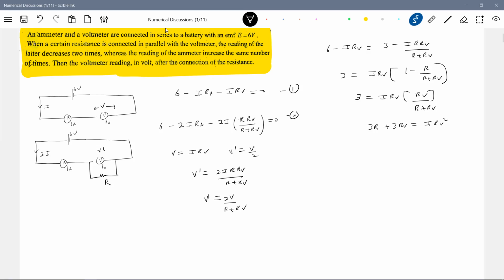Earlier, reading IRV was equal to V. Then V dash is equal to 2RV by R plus RV. Okay, 2RV will come there. 2VR, I'll write it. Then it'll be okay. This is RV square.